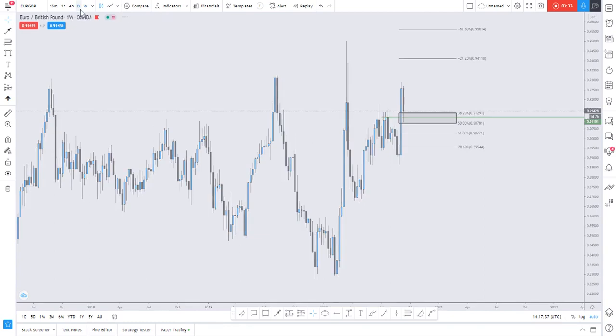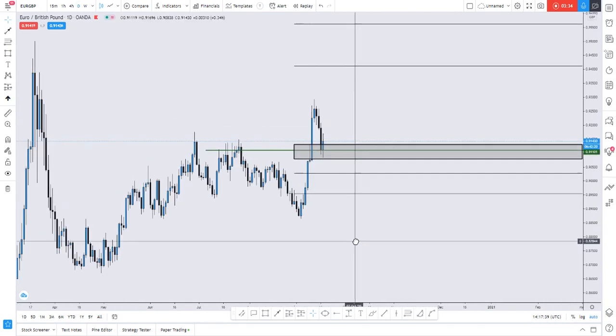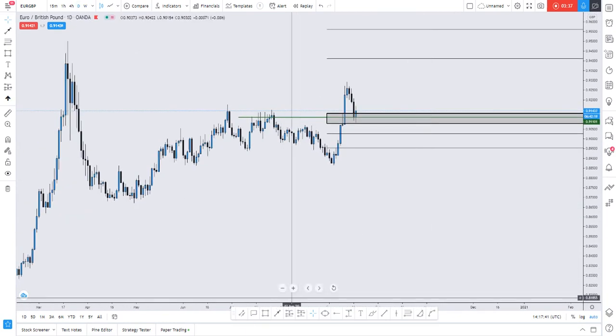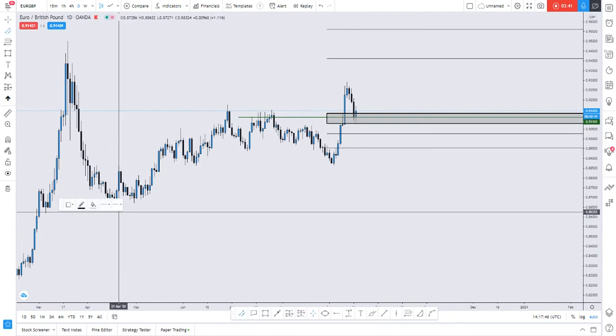Now let's dive into the daily time frame. On the daily time frame, what do we have? We can see we are in an uptrend. Let me get a channel marked out on this.